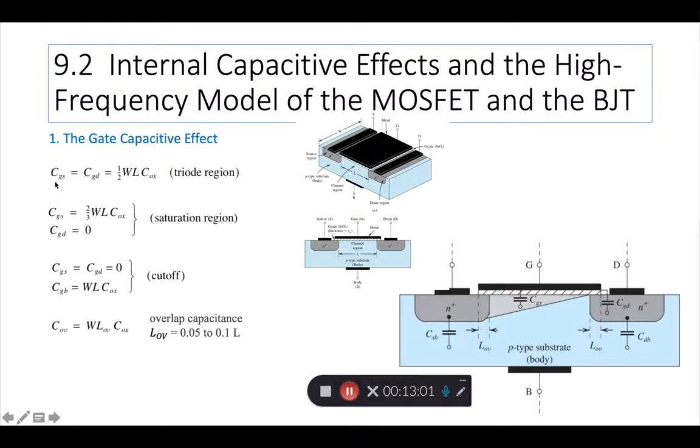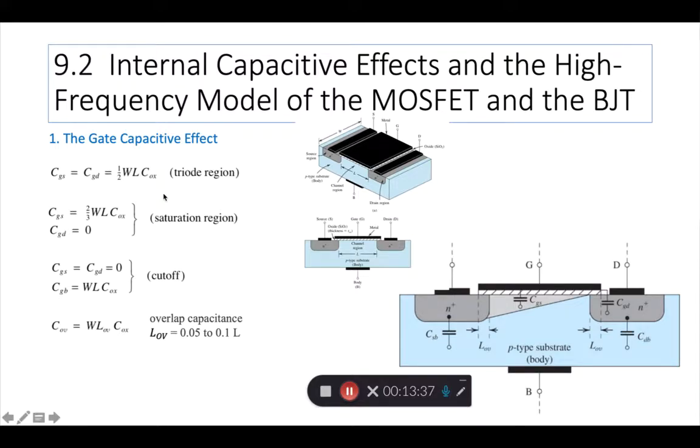So the formula for CGS or CGD, gate to source or gate to drain, is half width times length times COX. Now we know COX, like I said, we have seen it previously. The new factors are the width and the length. So this is the width and this is the length. We have seen this before, right? W by L, etc. we have used in formulas. So here the W by L is not used, W and L come in separately, and these are generally in micrometers, right?